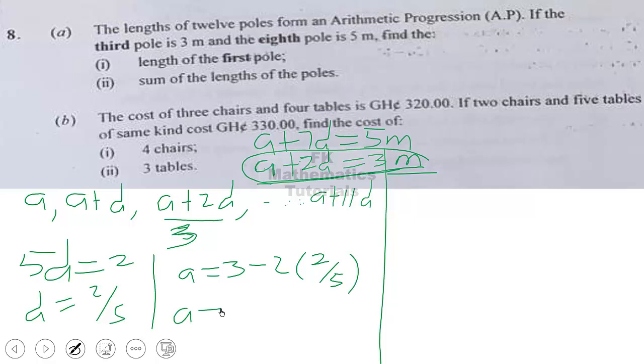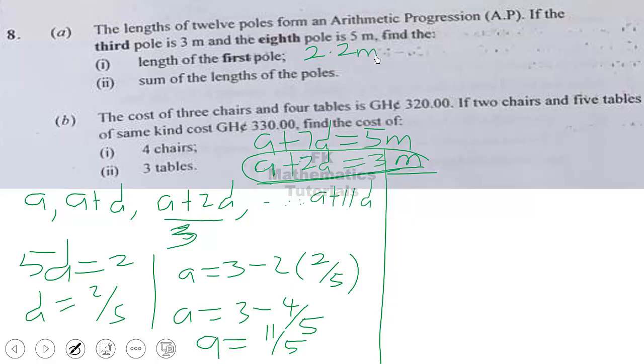So A will be equal to 3 minus 4 over 5, and that will give us 11 over 5. So the first pole has 11 over 5 or 2.2 meters.